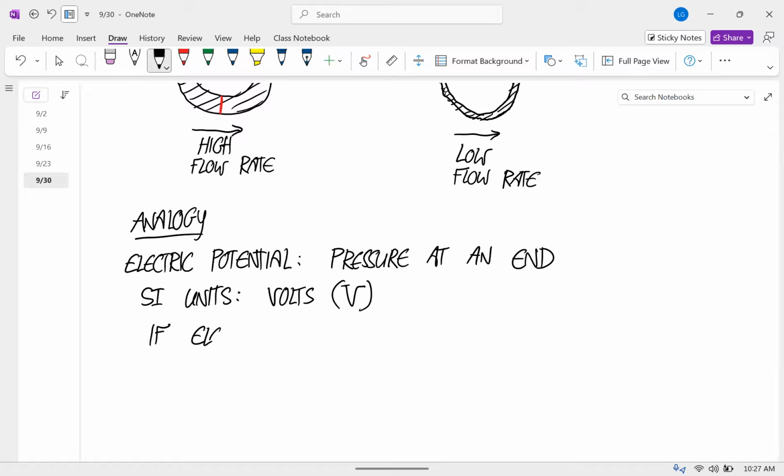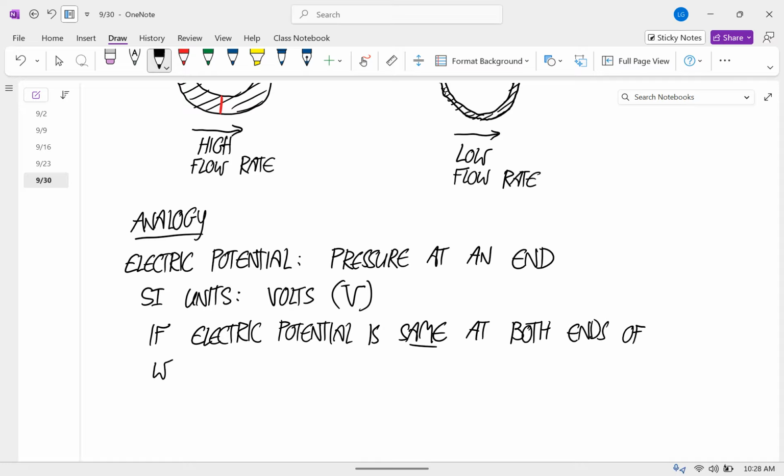If the electric potential is the same at both ends of a wire, well, if electric potential works like pressure, you would think that the electric potential being the same at both ends of a wire would mean that no electricity flowed, no matter what that electric potential was.